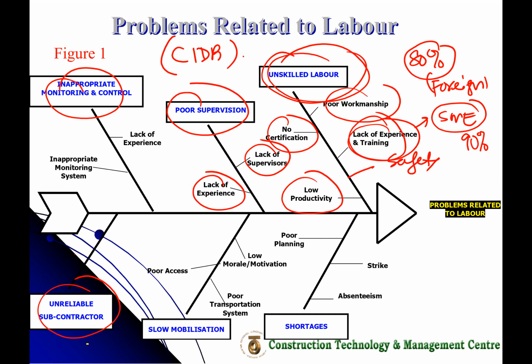In Malaysia normally, when you subcontract the work, they will find the workers in order to execute the work. When the work is not up to standard, you can deduct the payment, you can penalize the subcontractor.